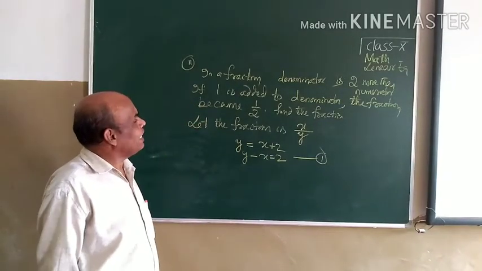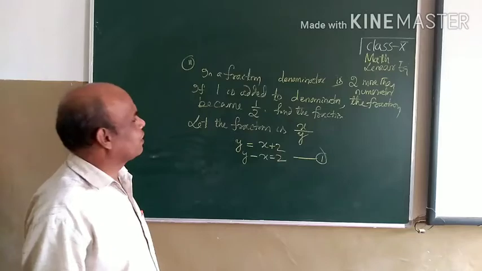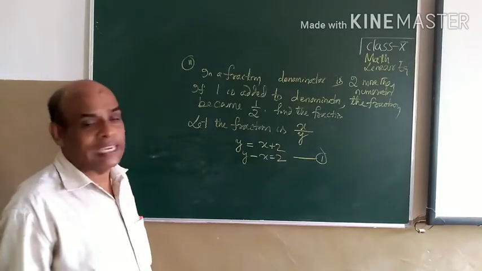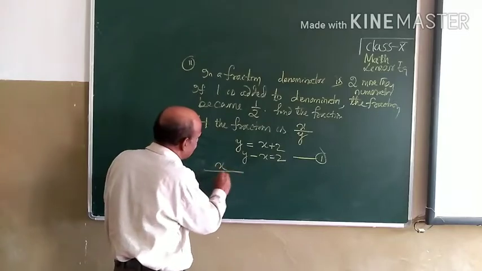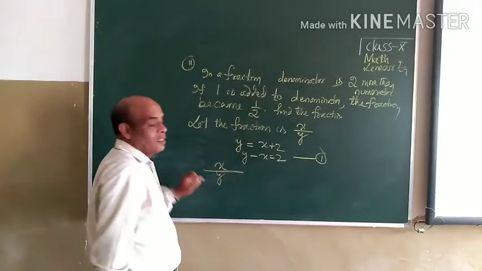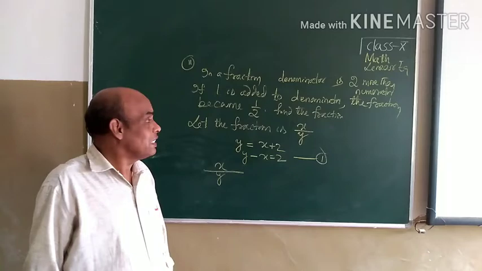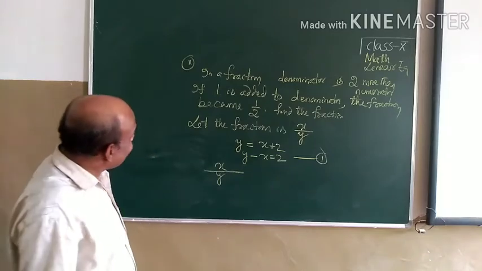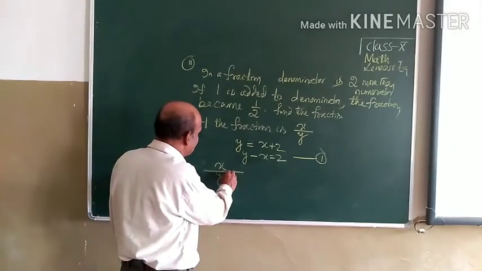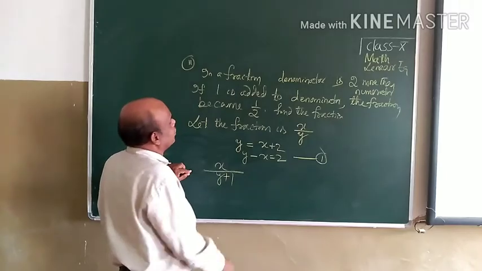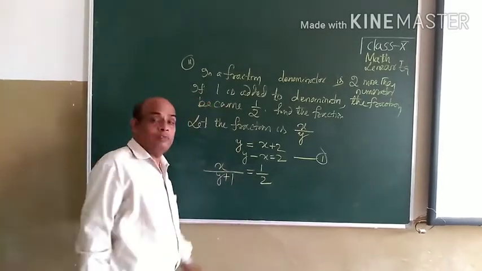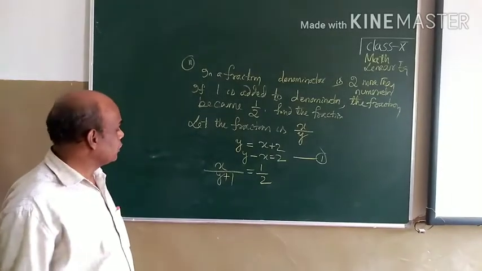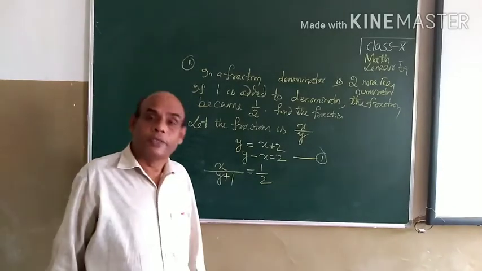Second, if 1 is added to the denominator, the fraction became 1 by 2. Previously the fraction was x by y. If 1 is added to the denominator, x by y plus 1, the fraction became 1 by 2. So x by y plus 1 is equal to 1 by 2.